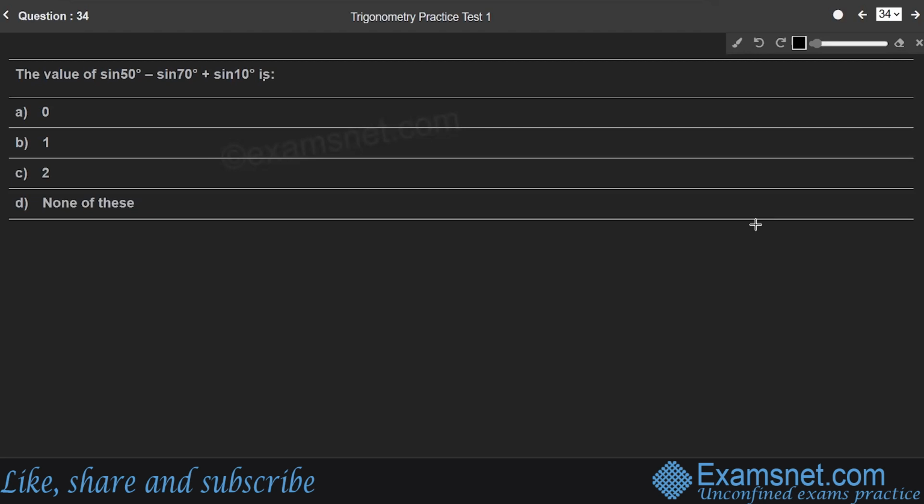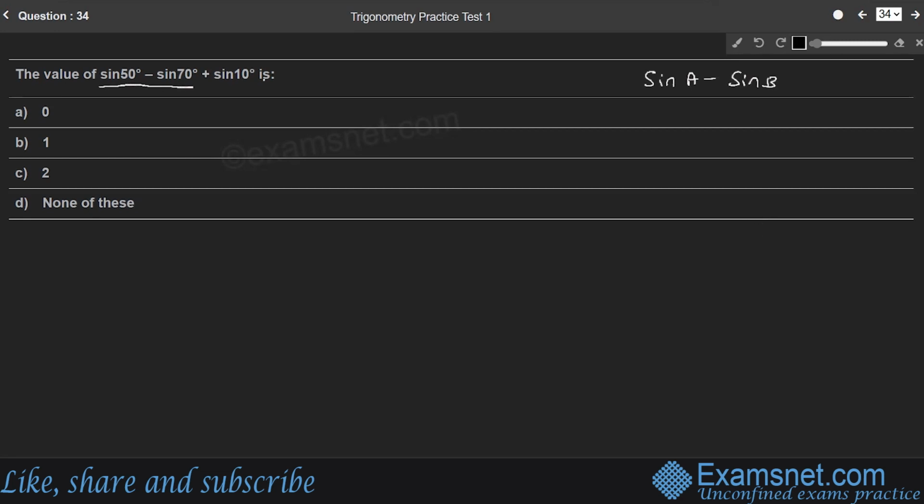Question number 34. The value of sine 50 degree minus sine 70 degree plus sine 10 degree is equal to. So here students will consider the first two terms, right? The first two terms are in the form of sin A minus sin B. Here A is 50 degree, B is 70 degree.